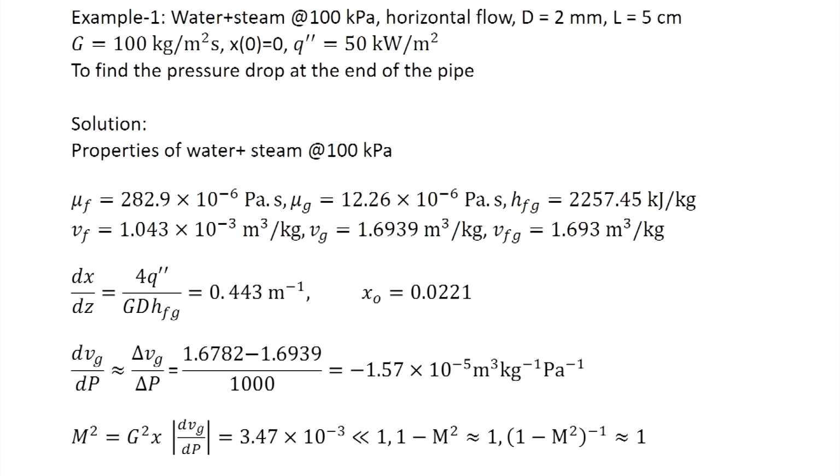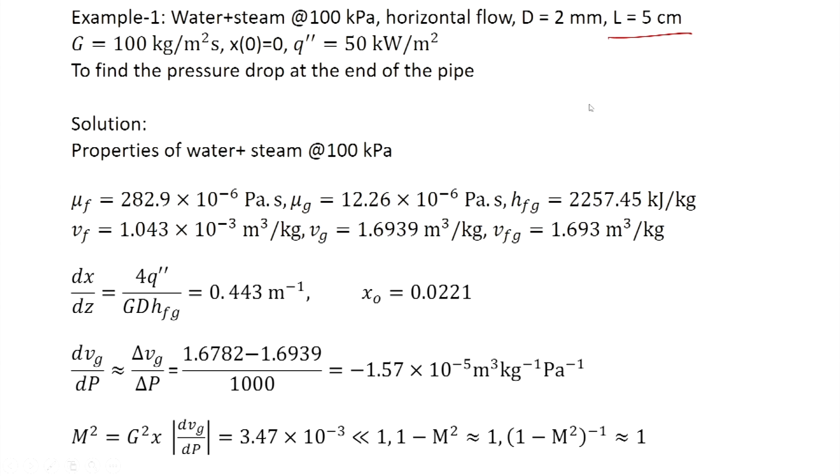Now, let us consider examples. In example 1, we have the same data as before, except that the length is 5 centimeter here, and the properties are the same as before.